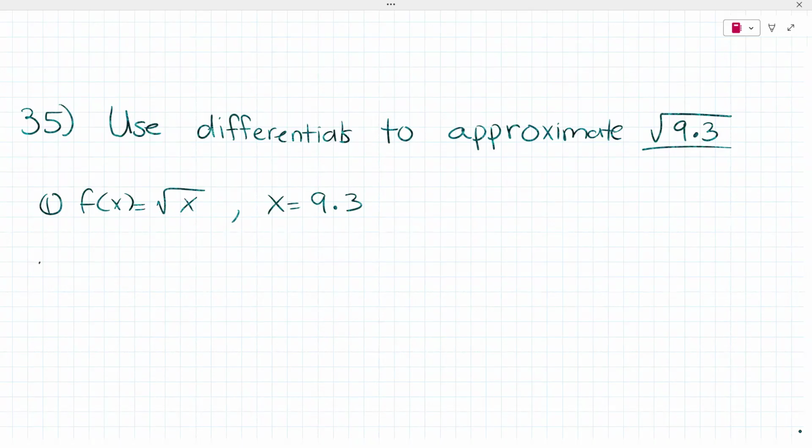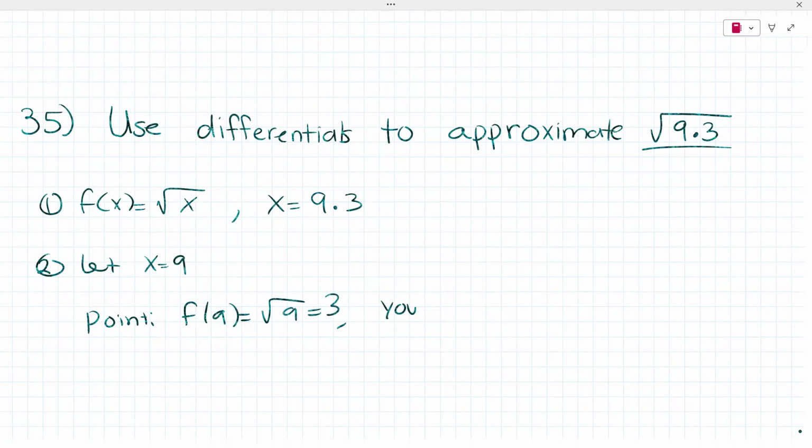Then we're gonna let x equal 9, because 9.3 is really close to 9 and we're approximating, right? So let's find our point. f of 9 equals square root of 9, which is 3.